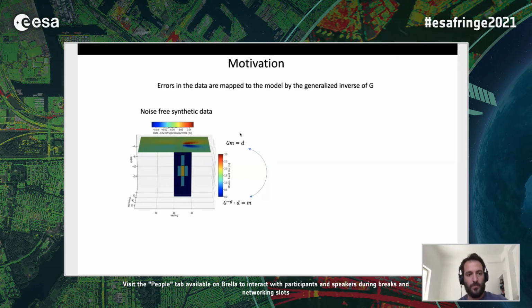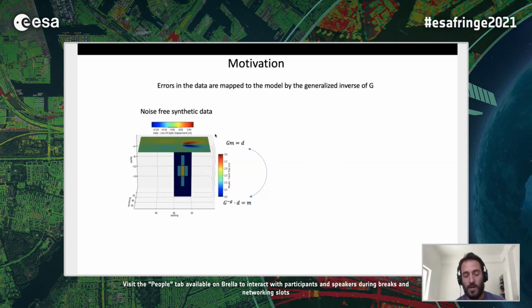So if we look at a very simplistic synthetic model with a plus slip pattern, and we compute a synthetic unwrapped interferogram, and then calculate the generalized inverse and apply it on the data, not surprisingly we will get almost perfectly the same slip model that we started with.